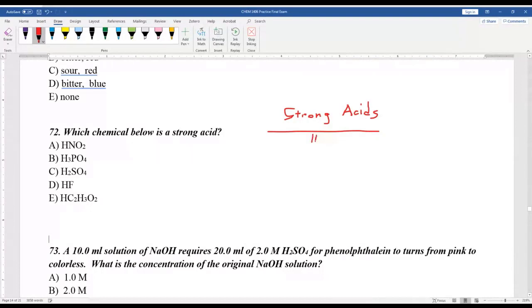There is HCl, there's HBr, there's HI. There's also HNO3, HClO3, HClO4.